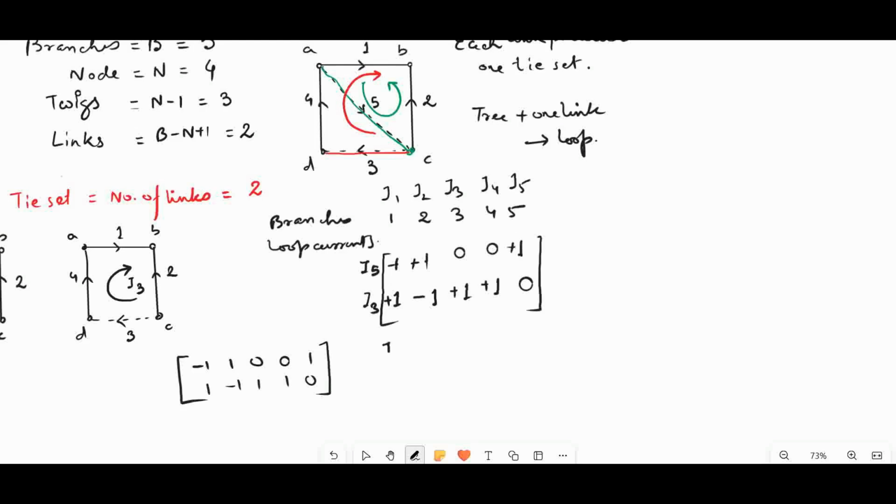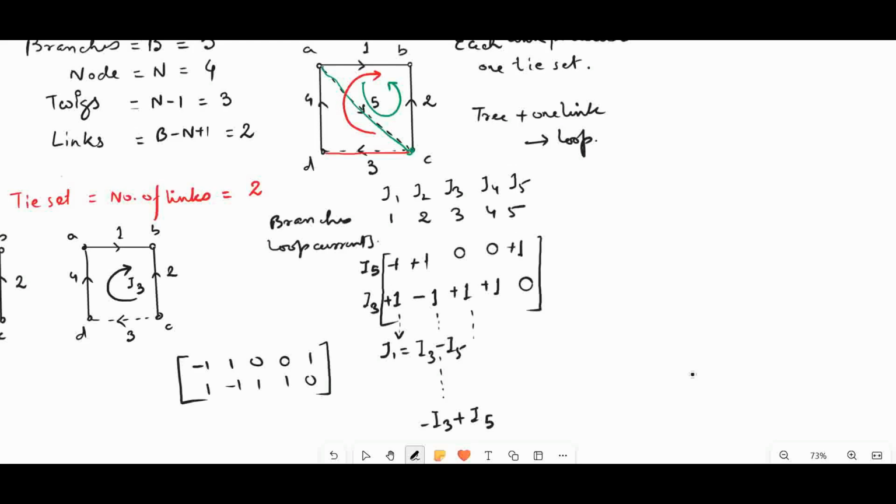So for J1, the equation will be equal to I3 minus I5, because we have here I3 is positive, I5 is negative, so J1 is I3 minus I5. Similarly, J2 will be minus I3 plus I5.